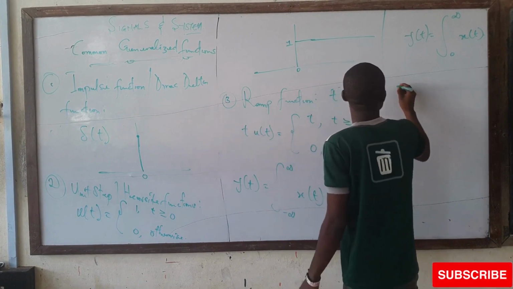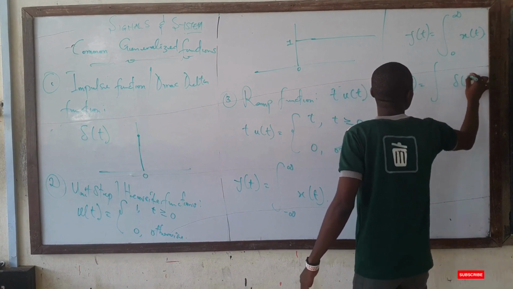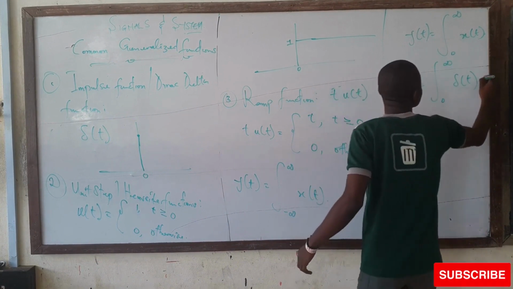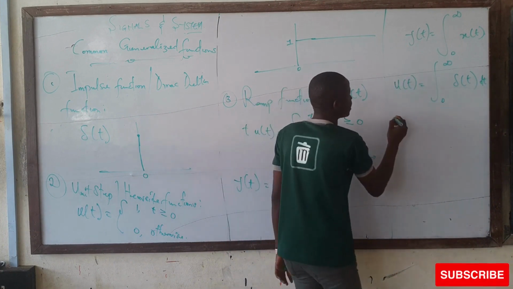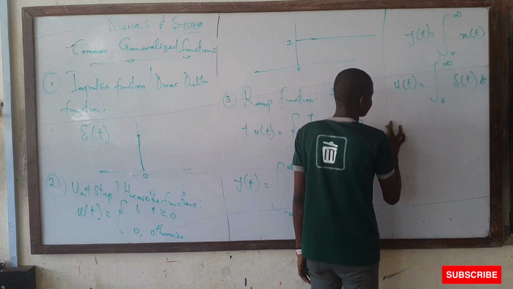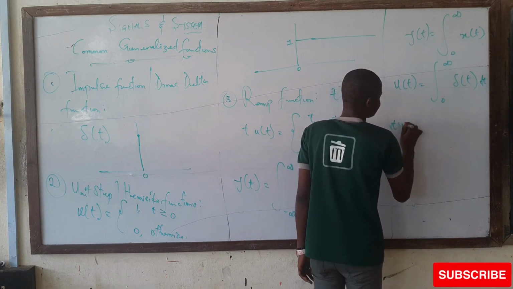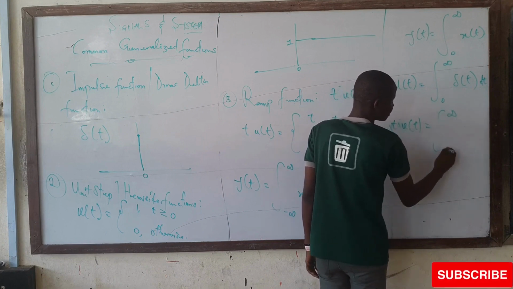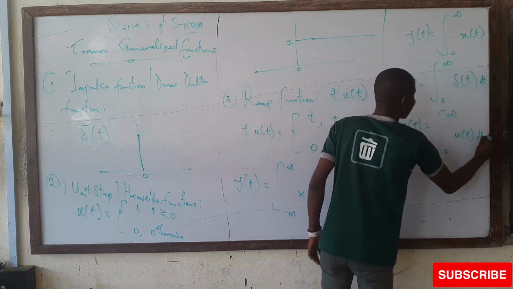If we integrate our delta of t dt, we should get a unit step function. In the same way, I can get my ramp function, t u of t, by integrating the unit step function dt from 0 to infinity.